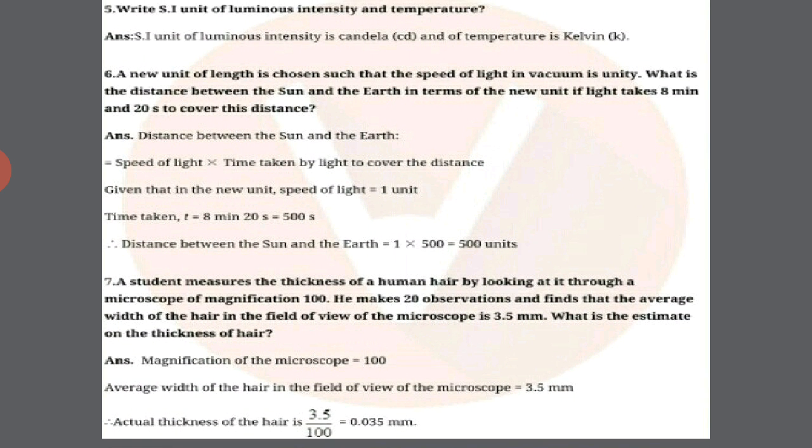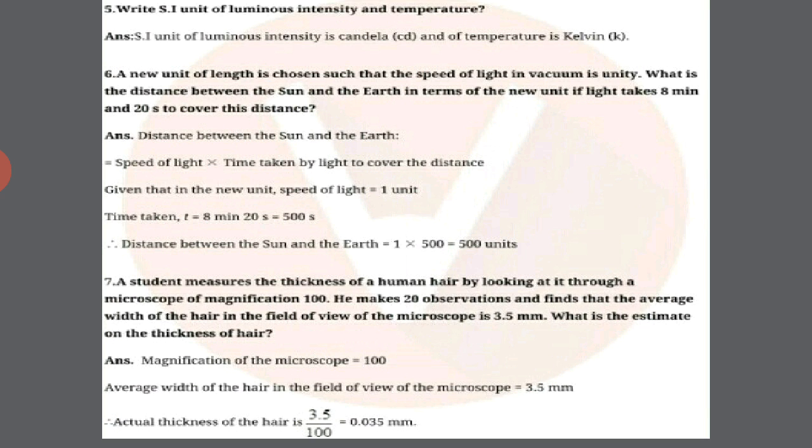A student measures the thickness of a human hair by looking at it through a microscope of magnification 100. He makes 20 observations and finds that the average width of the hair in the field of view of the microscope is 3.5 mm. What is the estimate of the thickness of the hair?